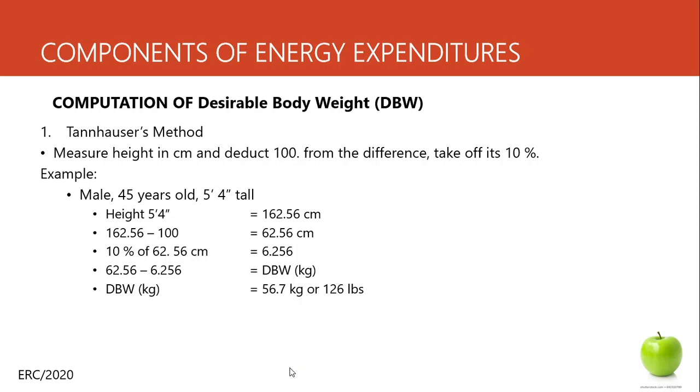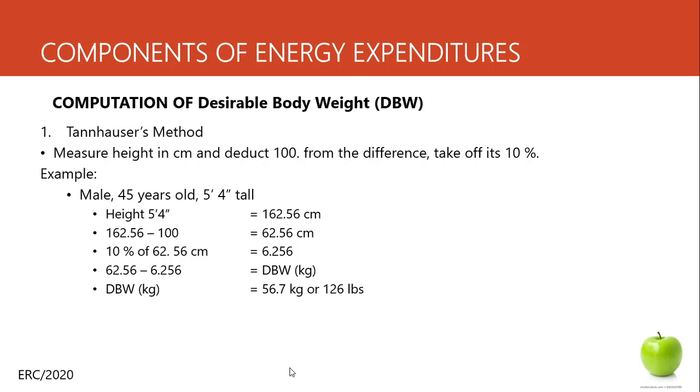For the height, we have 5 feet and 4 inches tall. We have 162.56 centimeters if you are going to convert it. So 162.56, sabi dito, i-deduct natin yung 100. So 62.56.